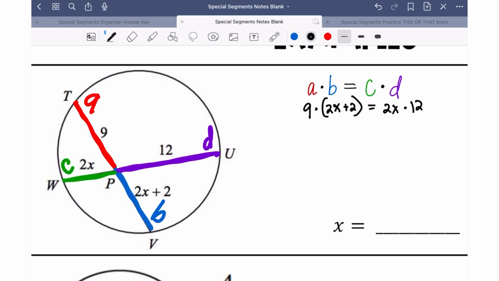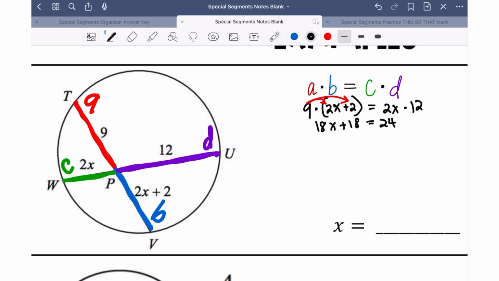So distribute the 9 here to both terms. Distribute, what does distribute mean? Do you remember? It means multiply. So 18x plus 18. And then 2 times 12 is 24x. Now, I'm trying to solve for x, so think strategically.